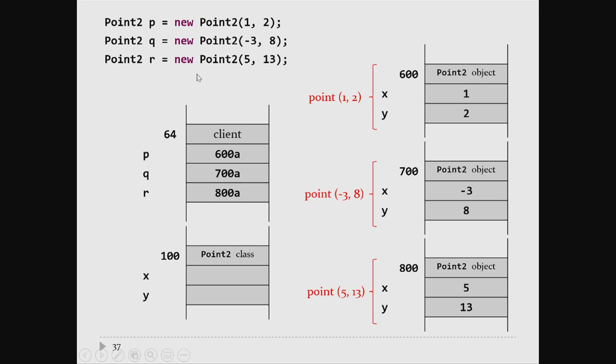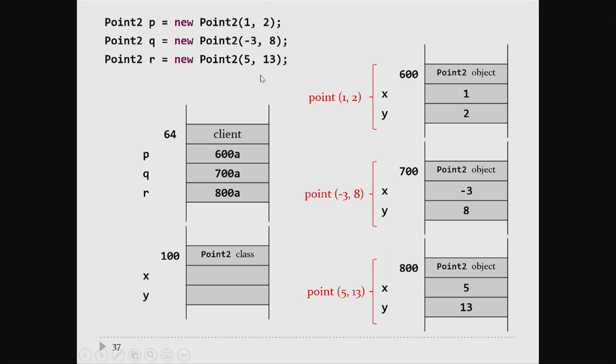Okay, and finally, R, well, that's a new point. So if you go into the memory diagram, you see that R refers to the object at address 800. You wander over to line 800, and you see there's a Point2 object whose coordinates are 5 and 13. These coordinates and these coordinates and these coordinates, they all belong to different objects.